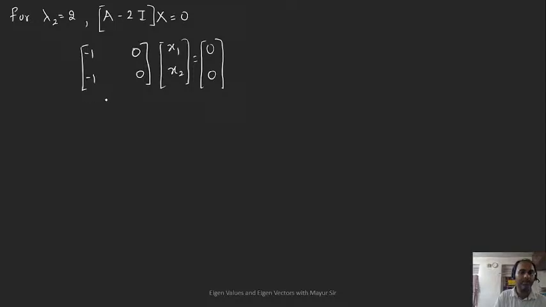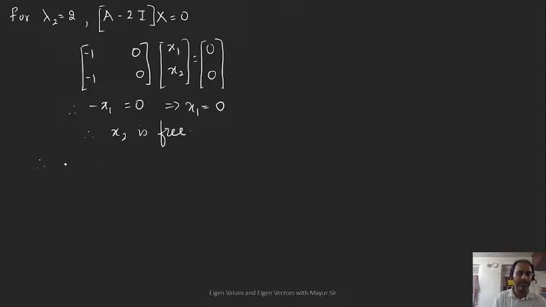When you do the multiplication, there is only one value here, that is minus x1 equals 0, basically just one equation in front of us. So x1 is essentially 0, and for the second variable we have no information, therefore x2 is free.